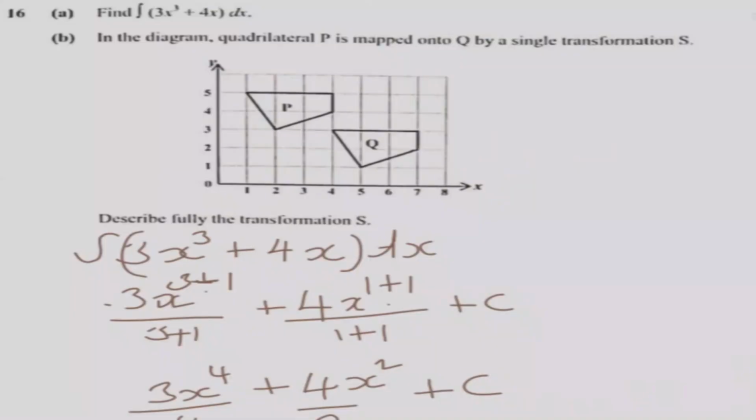Then the actual question is: describe fully the transformation S. Let's talk about the diagram, P and Q. The diagram is sitting in the same position, and it has been transformed. P has been transformed into Q.